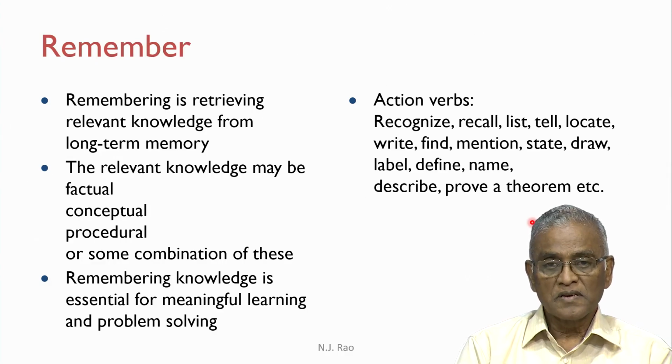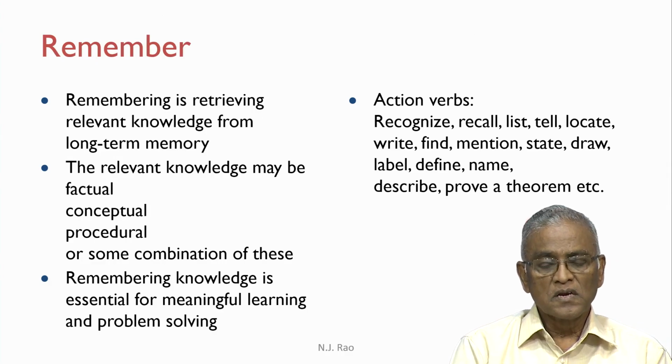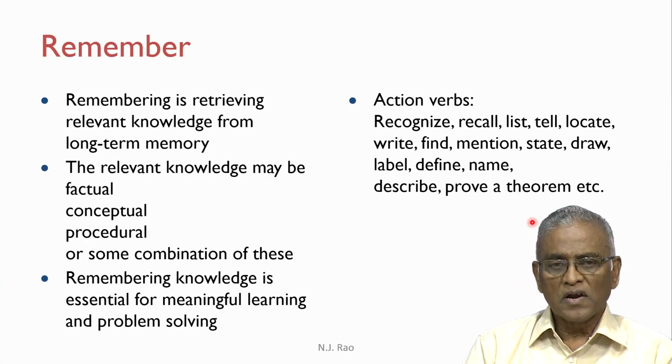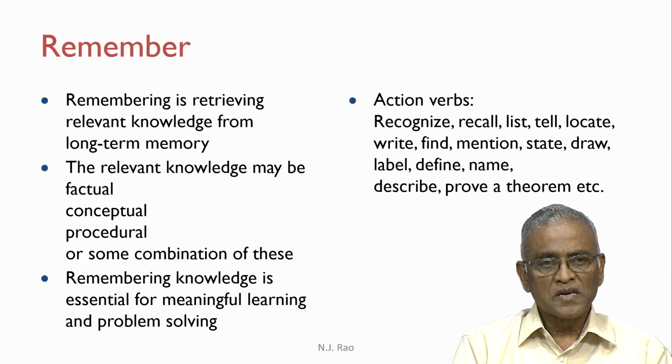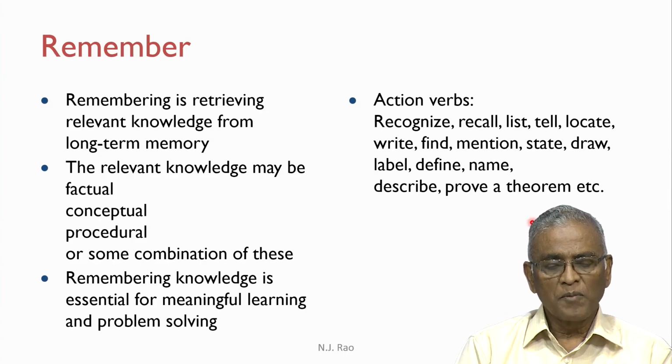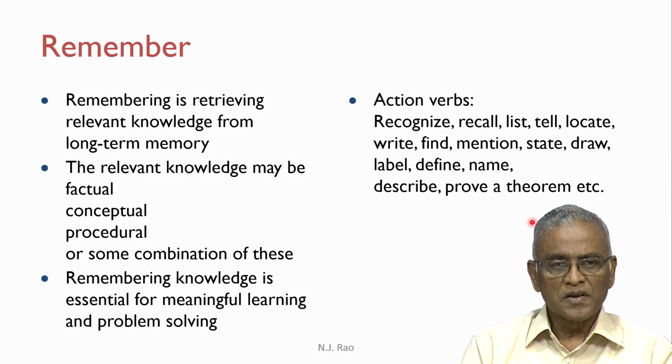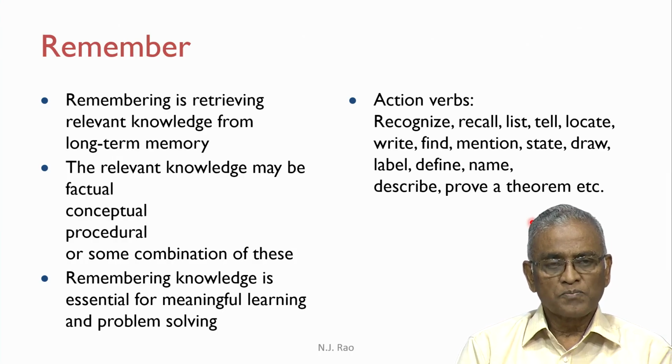These are some of the action verbs that you can use. One may want to add a few more based on experience, but the main thing is that you have stored something in the memory and you have to perform an activity that involves bringing it from long term memory to your present conscious state. That is the activity involved in remembering.